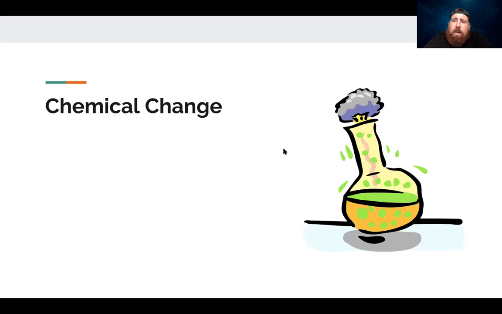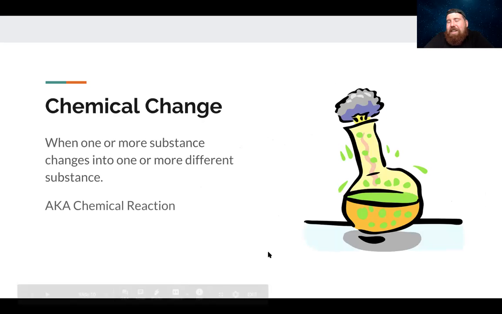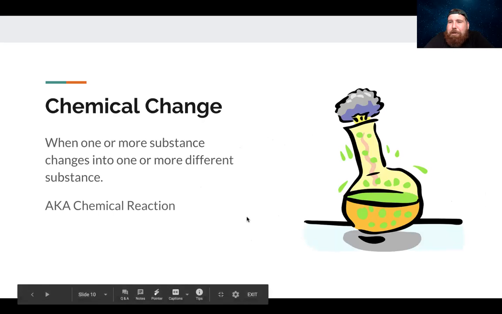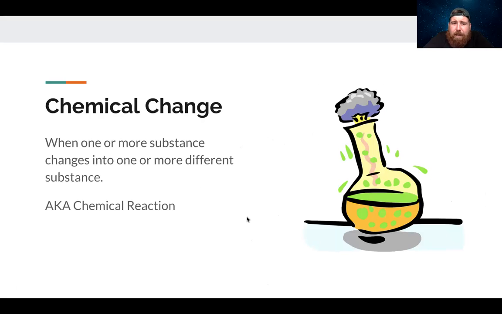And last but not least, we are in a chemistry class, so we want to be comfortable with chemical change, also known as chemical reactions. Whenever I ask students what chemistry is, the first thing I get is, it's the study of chemical reactions. And you're not wrong. We look at a lot of chemical reactions in this class.